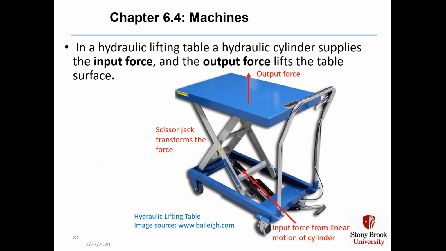In a hydraulic lifting table, a hydraulic cylinder supplies the input force, and the output force lifts the table. The scissor jack, which I'm showing here, this whole scissor mechanism, transforms the input force from a linear motion going along the axis of the cylinder to an output force going vertically relative to the ground.